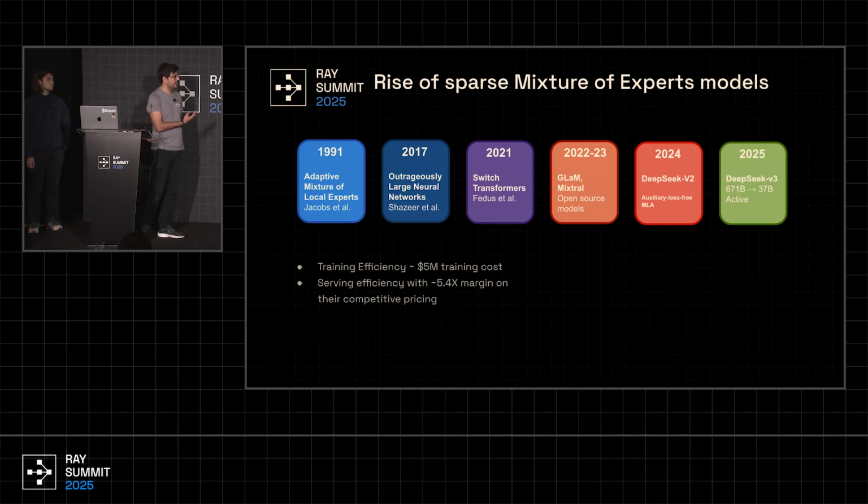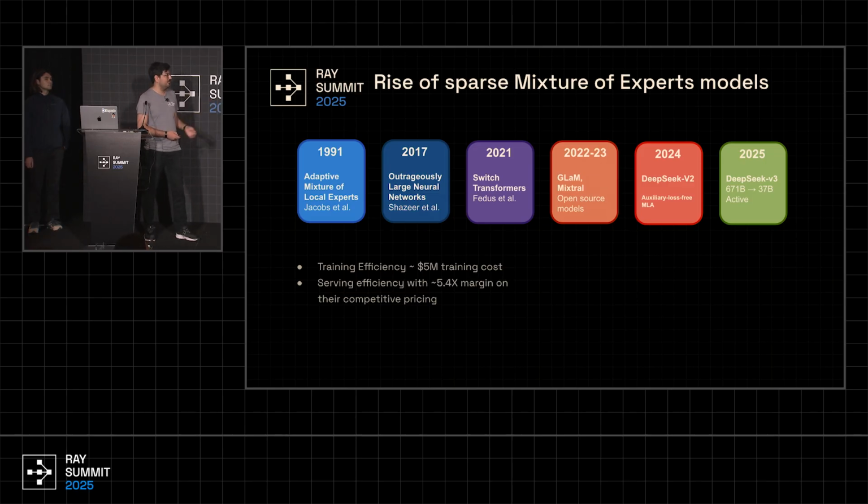One was on training efficiency, which was previously largely believed to be very expensive. It turned out that you can actually do it very efficiently. And also on the serving side, the DeepSeek team started open sourcing their deployment model, and it was really great to see how much margin exists there to make a profitable business out of inference.